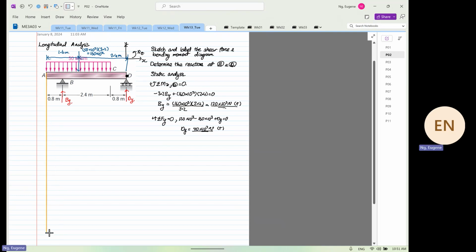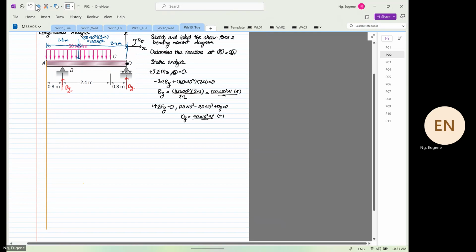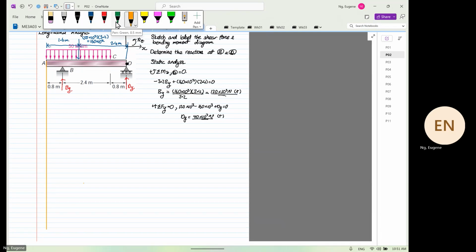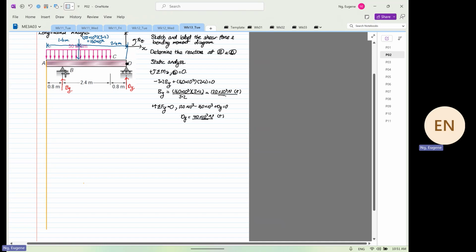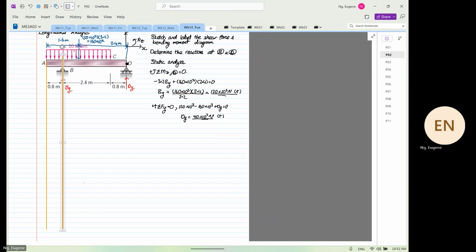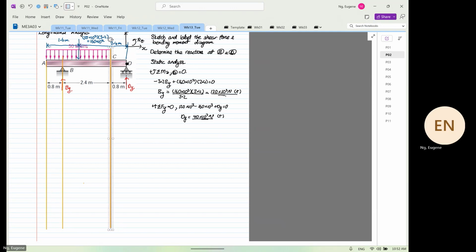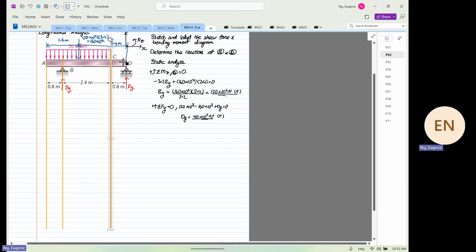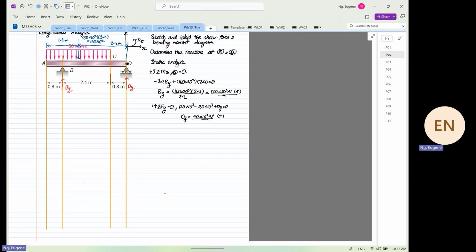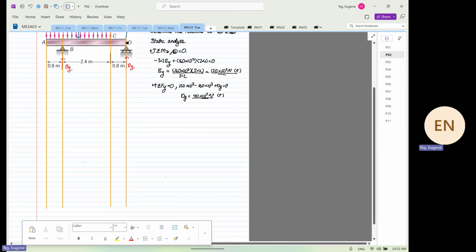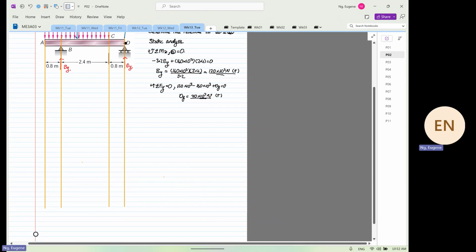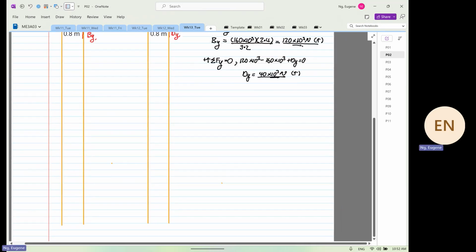So this is our point A. Then next comes our point B. Then we have our point C. And finally, we have our point D. Okay. So that's where we are going to sketch and label our shear force and bending moment diagram.